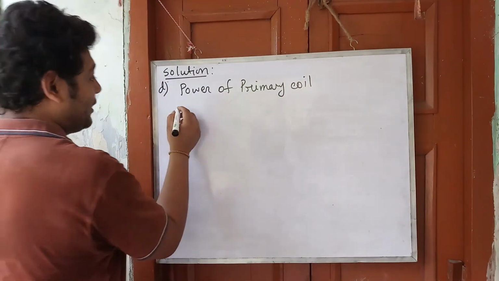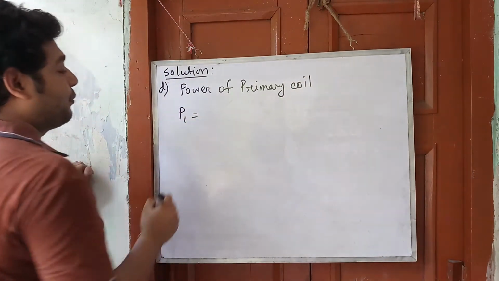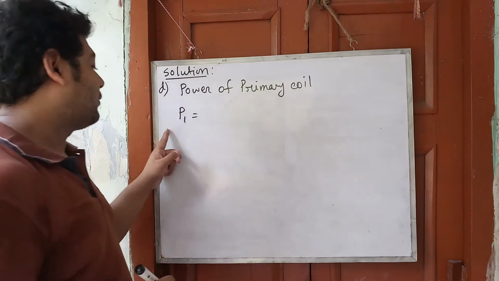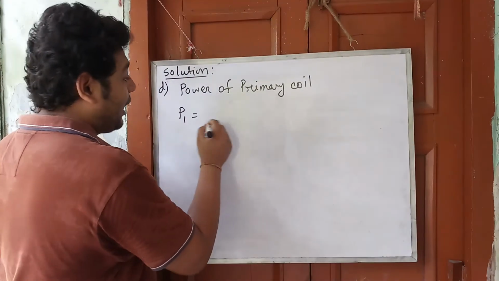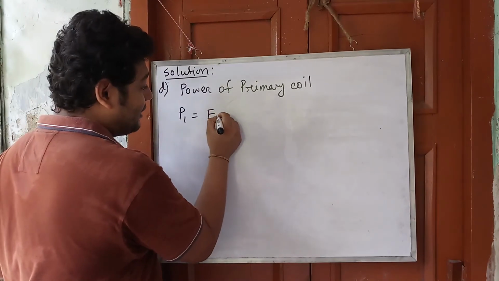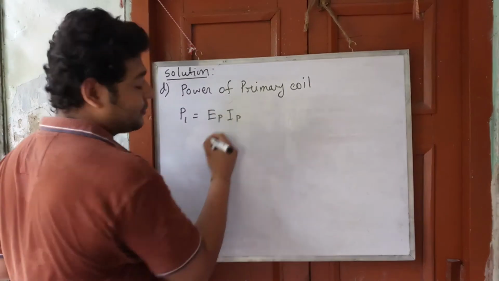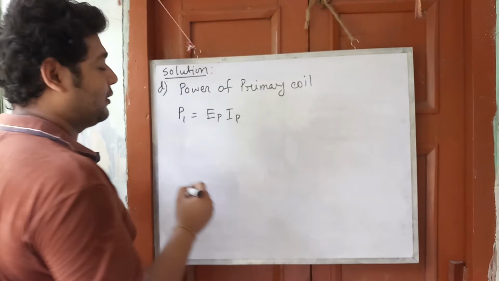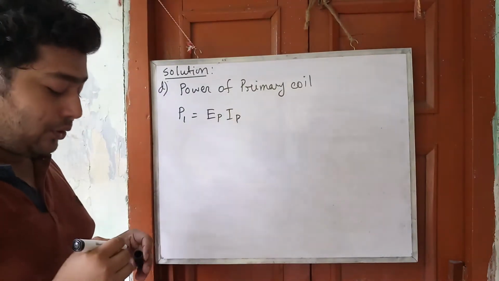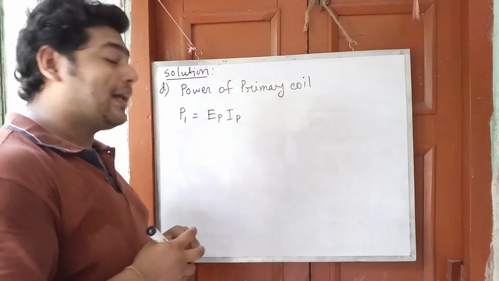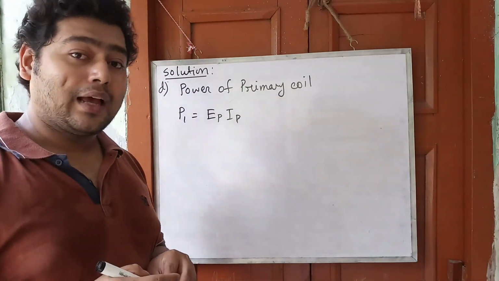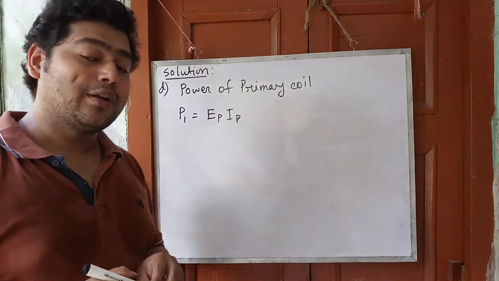We can denote it as P1, and we know that the formula of power is P equal to VI, or here EP into IP. If there is no internal resistance, then we can write voltage as equal to electromotive force.